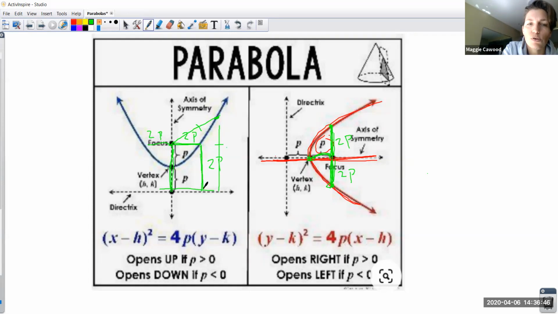So this height is 2p, this is 2p, so that distance and that distance are equivalent. This twice p has to do with this square that is formed, this equidistant property. Okay, all right, so let's move on and try some practice problems.